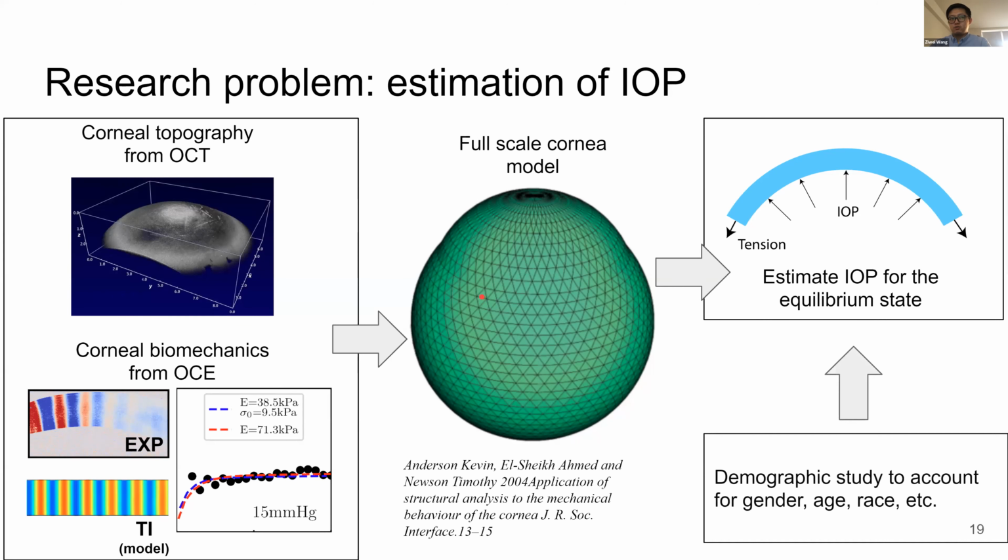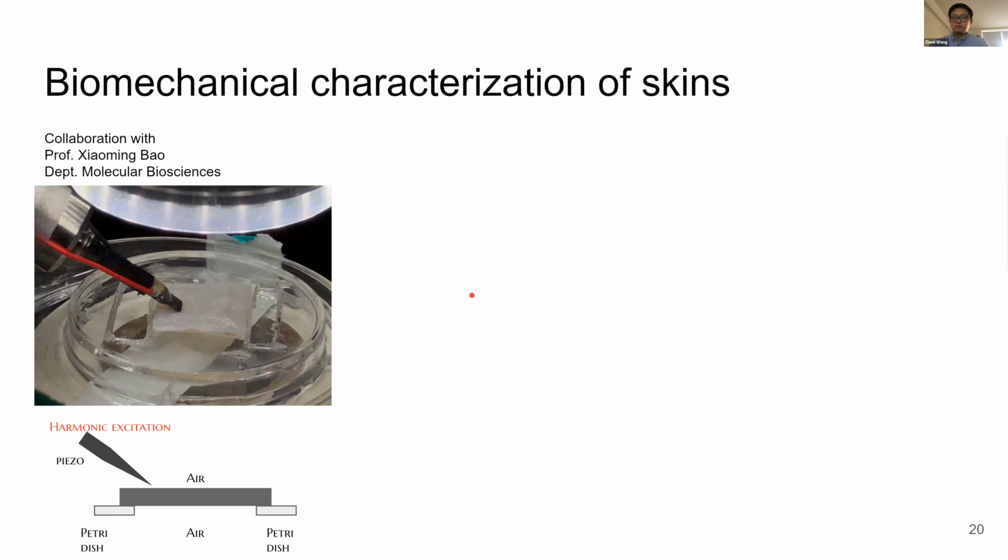And also, we will consider other non-mechanical factors through the demographic study to account for the gender, age, and race, etc. That would act as the correction factor to our model.